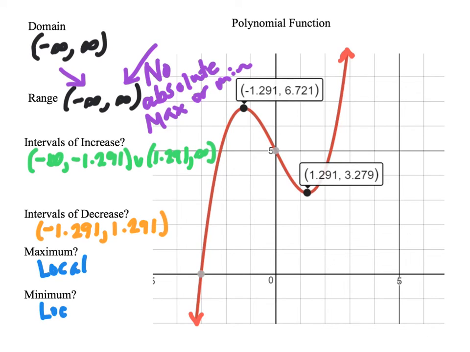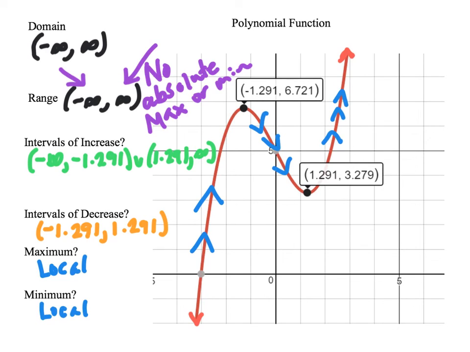Now, in this graph that we're examining here, they're spelled out pretty clearly. Sometimes we could have more than one local maximum or minimum. These are determined from where our graph goes from increasing to decreasing, or where it goes from decreasing to increasing.